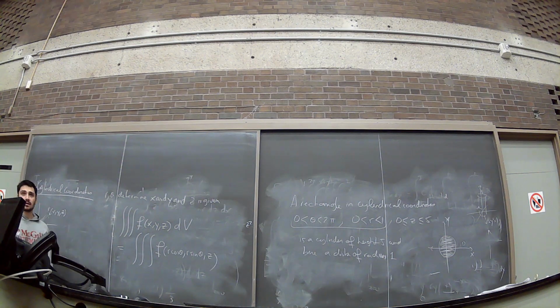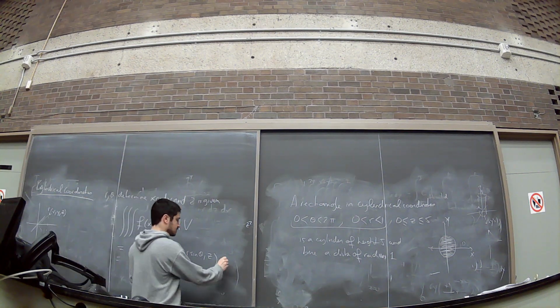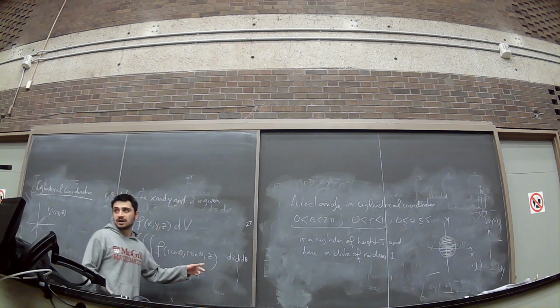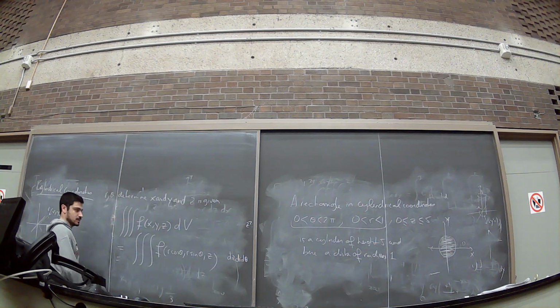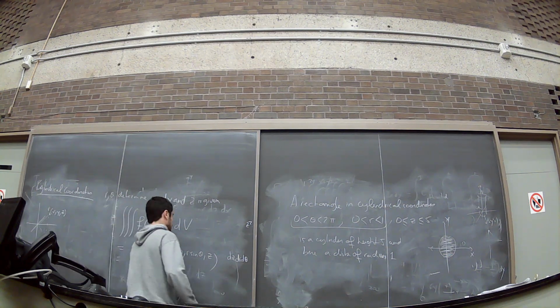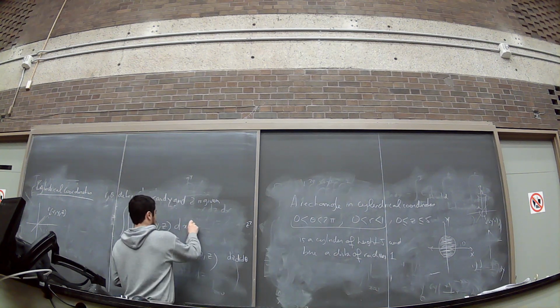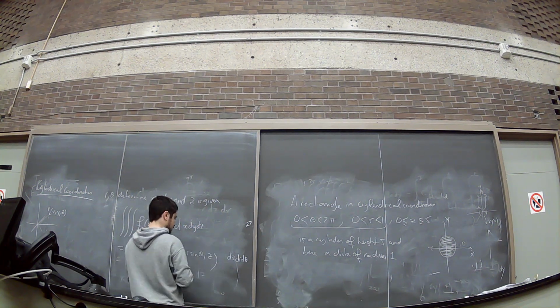Right? Here I have dz, dr, d theta. This is in terms of x. What am I missing here? I'm missing a Jacobian. So dV is dx dy dz, let's say.